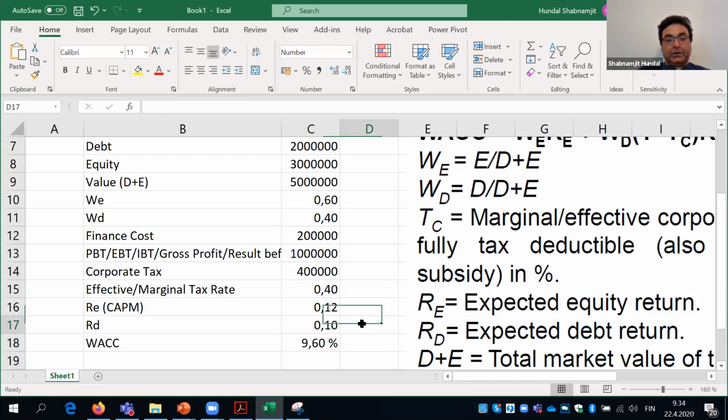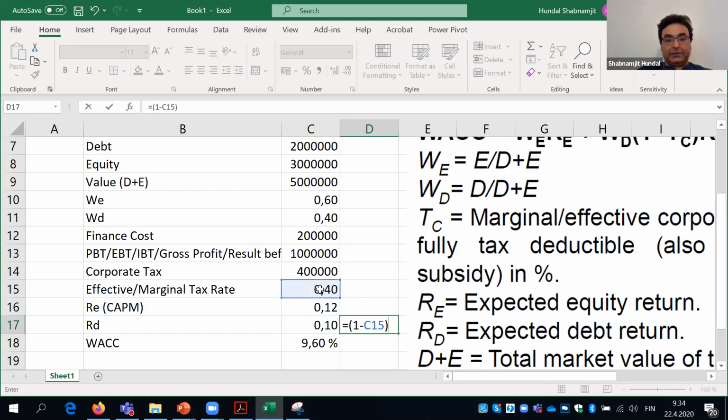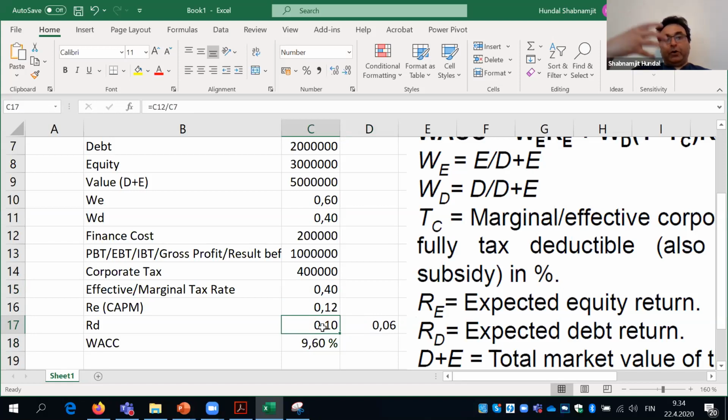So basically you are only paying 1 minus the corporate tax rate times the percentage of your debt. So you are only paying 6%, not 10%, even though on the face you are paying a 10% rate of interest. Actually you're paying 6%.